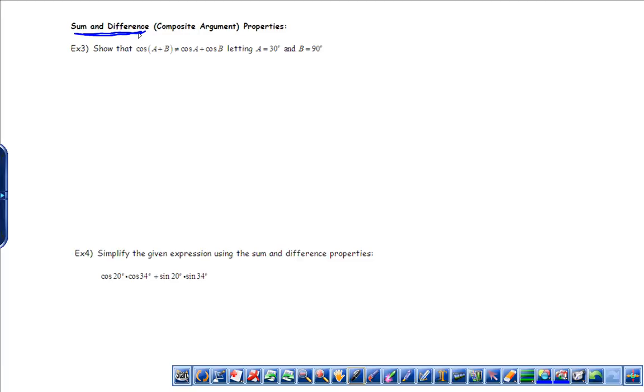It says composite argument, and it says show that cosine of a plus b does not equal this. So we're going to have to do a small proof. On the bottom, I want you to look for cosine of a plus b. It's on the left side of the worksheet or on your formula chart. I'm going to prove that this is not equal to. We know that a is 30 degrees and b is 90 degrees.